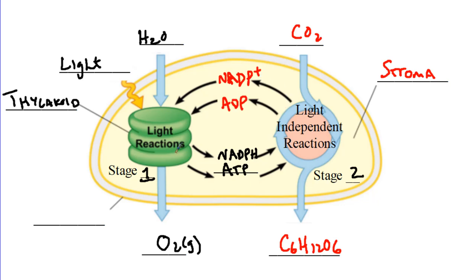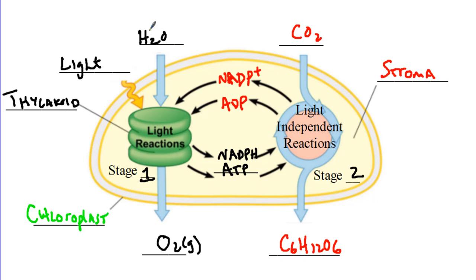And so these molecules are then coming and grabbing not only electrons but also a phosphorus and high energy molecules to come into stage 2. And all of this is happening in the chloroplast.